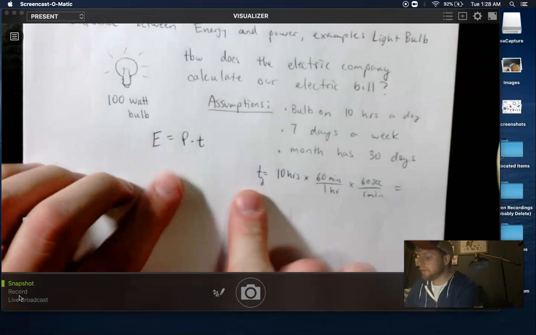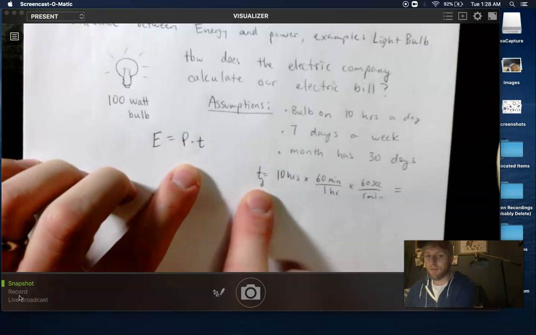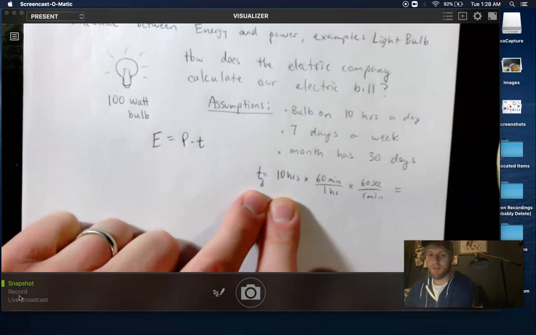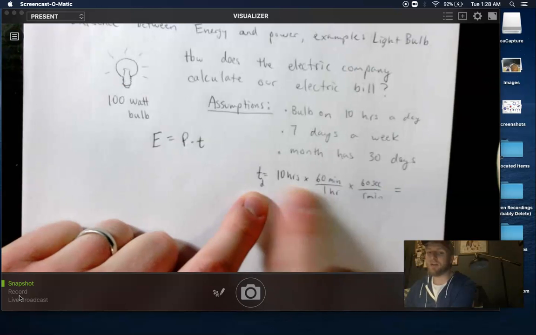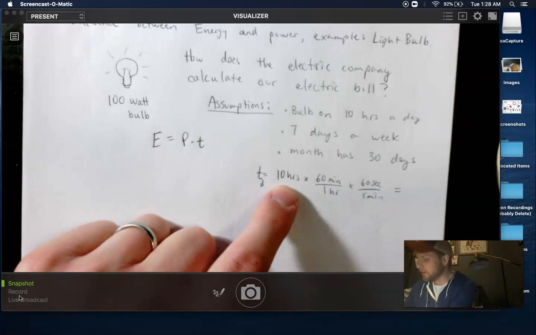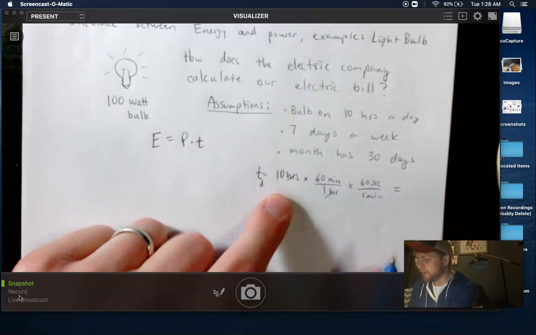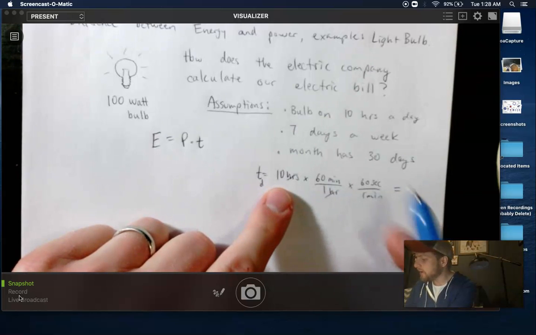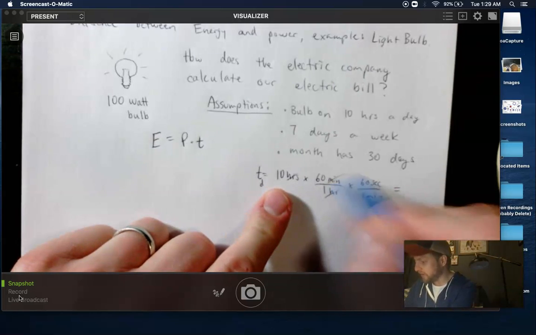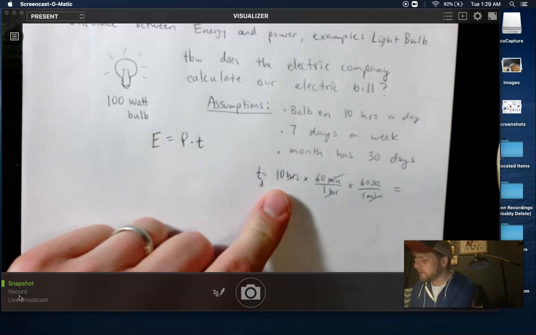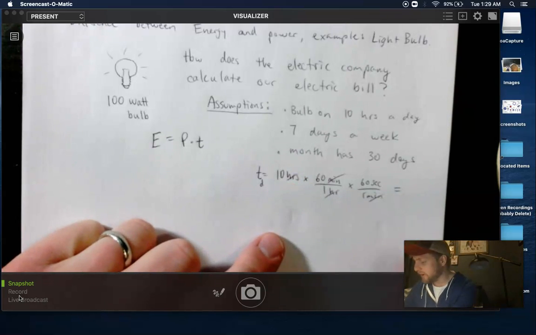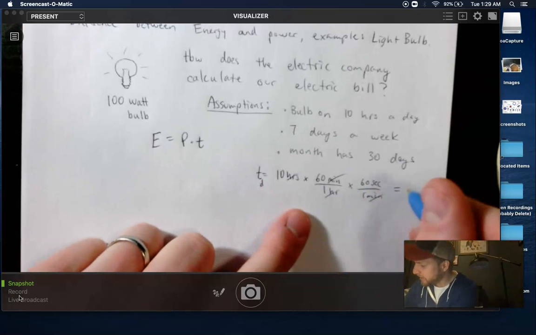So we've got our scheme. We just need to find the time, and the first thing we need to do is find the time in a 10-hour day. So that'd be 10 hours times 60 minutes per hour, and you're probably comfortable canceling our units there. Times 60 seconds per 1 minute, cancel our units there. And this is why I made it 10 hours. It's just kind of arbitrary, but that's 3600 times 10, 36,000.